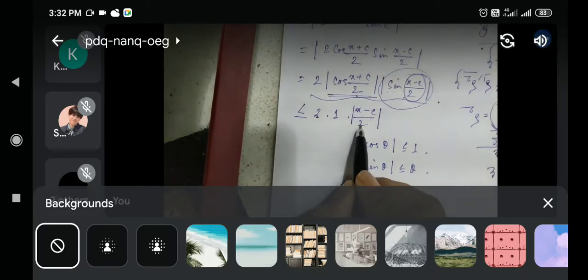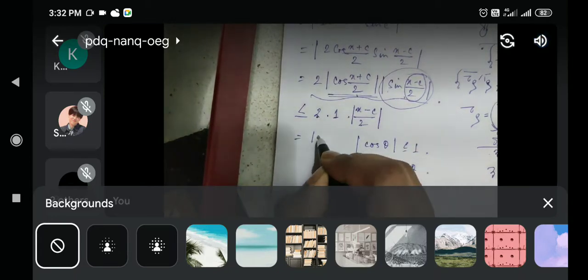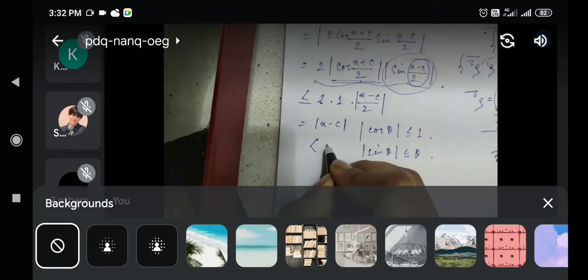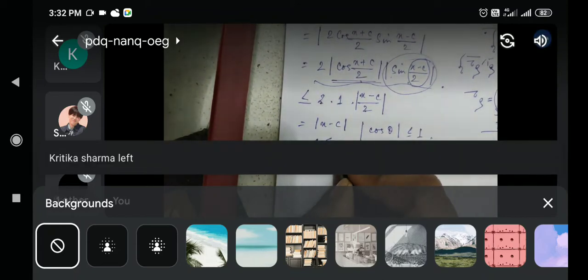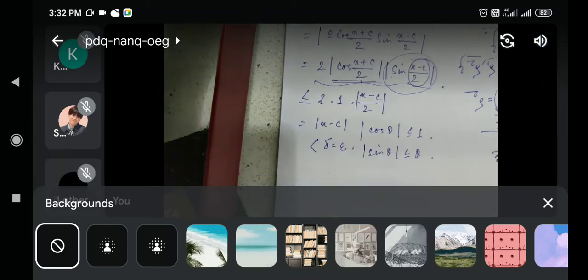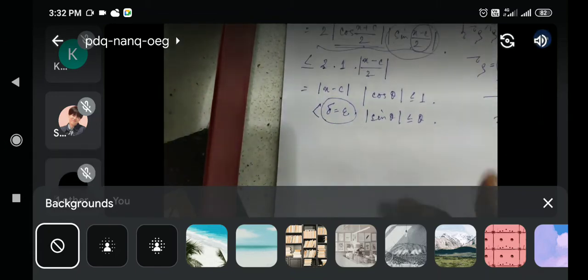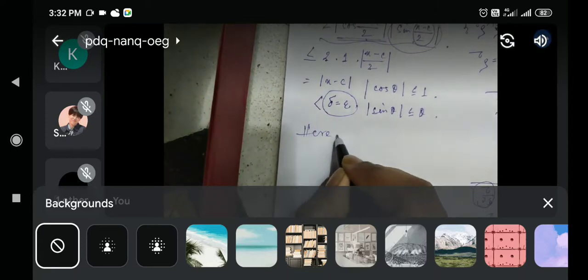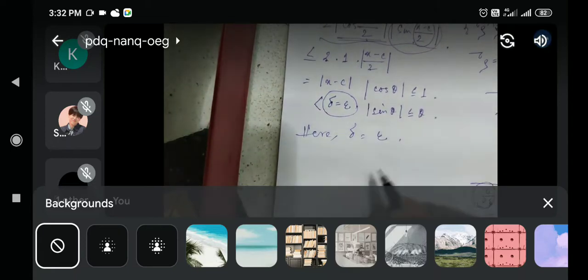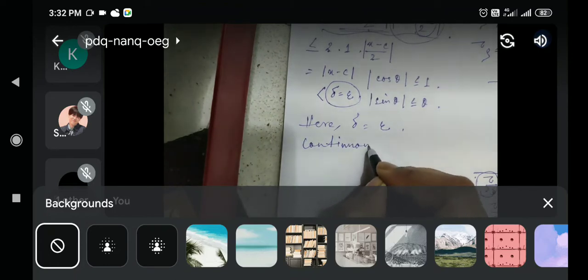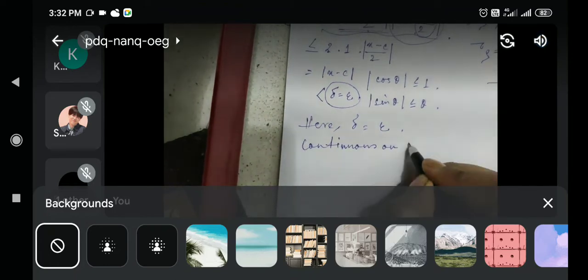Then 2 and 2 will be cancelled out and it will become |x-c|, which is obviously less than delta, which we are taking as epsilon. So this is our required value of delta. Here delta equals epsilon and the function is continuous on R.